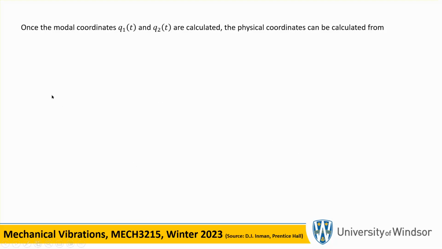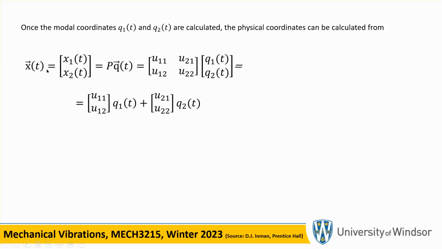Okay. We will do examples in a few minutes, but let's see now. Q1 and Q2, let me remind you, are the modal coordinates, and they're related to the physical coordinates through this matrix P, which is called the modal matrix. So first you have to find the natural frequencies. For each natural frequency, you find the corresponding mode shape.